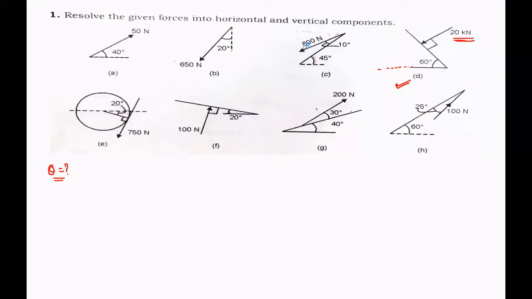To find out the angle theta, you need to make one geometrical construction. That is, you extend this line of 20 kilonewton, that is line of action. We will make one construction here so that you can understand how the angle is 30 degree.